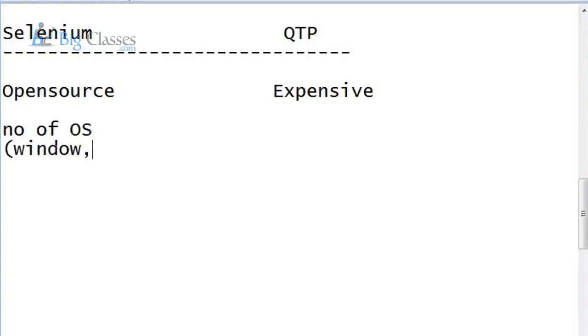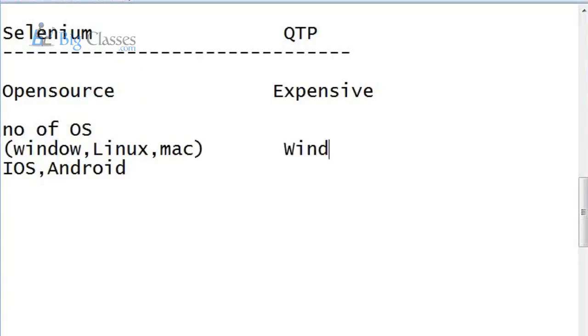Windows, Linux, Mac, iOS, Android, etc. So it supports a number of operating systems, but QTP supports only the Windows operating system.